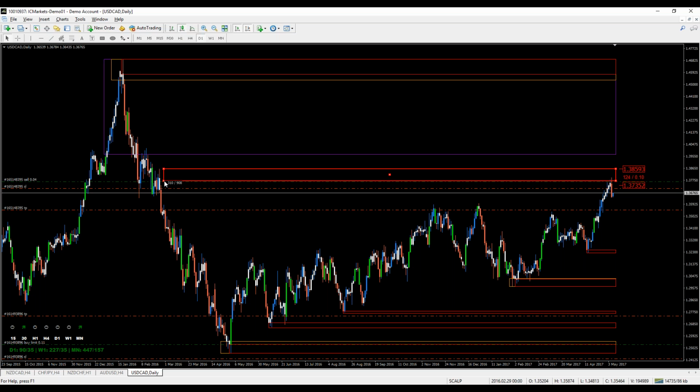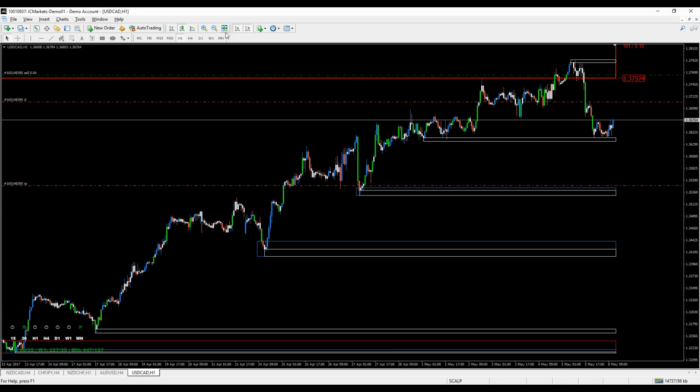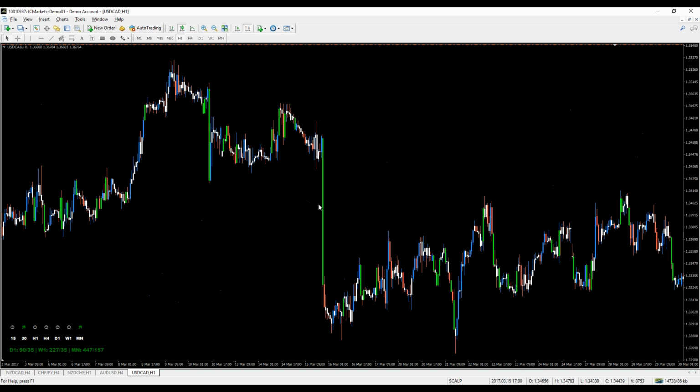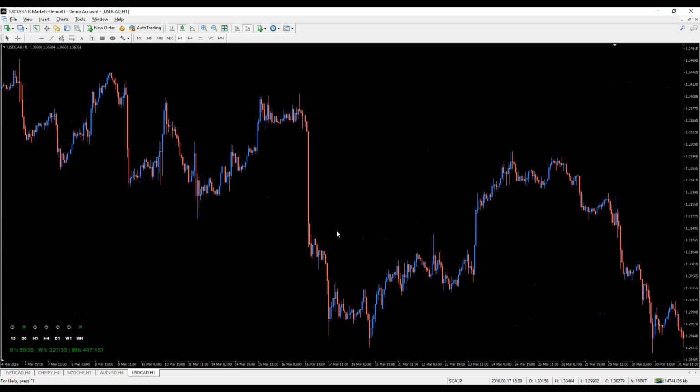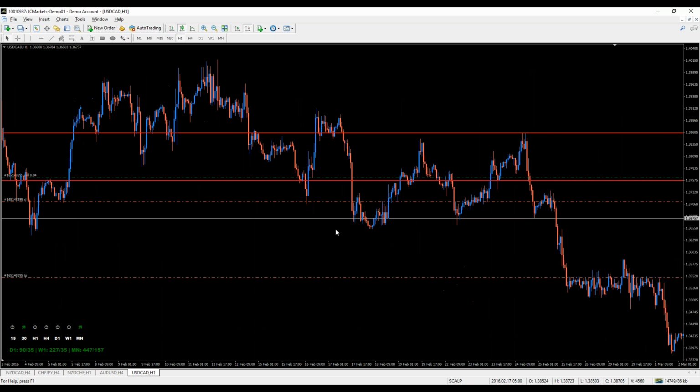Oops, move it like that so we can see where. Go to the smaller chart and have a look at the area. Okay. So you can see this is the area we liked, and we liked it simply because this is where price cut away from.